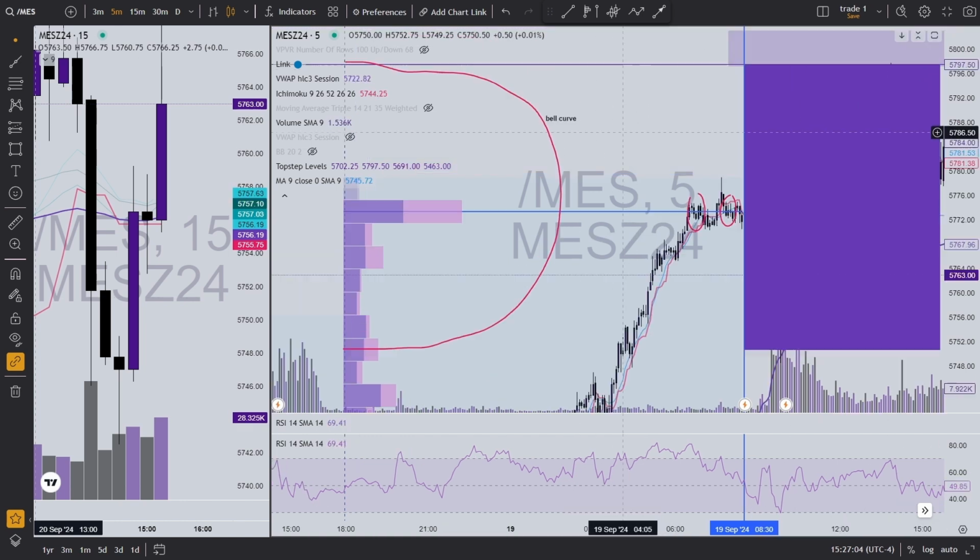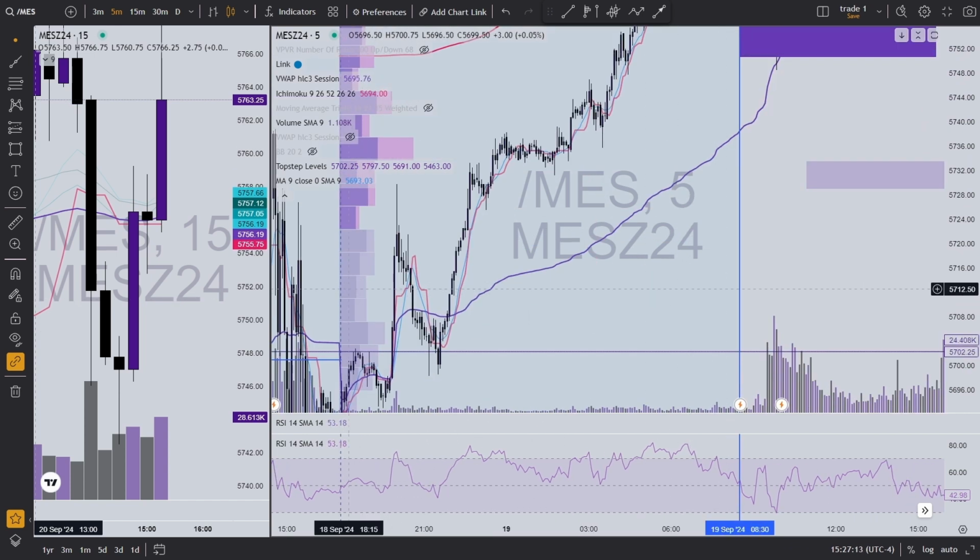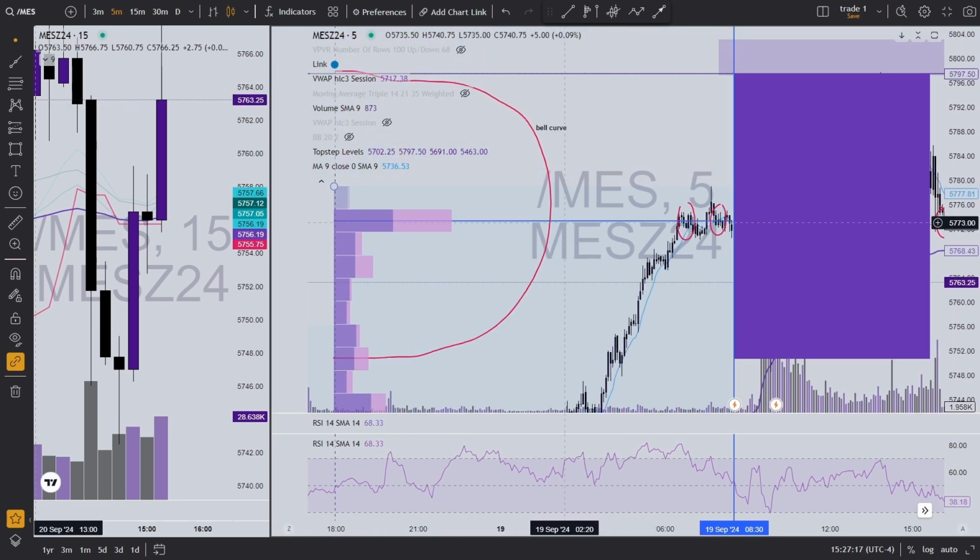But if we come back up to this bell curve, even then, our point of interest over this particular session, we're just talking about the London and Tokyo sessions here, we would mark a price to say, okay, for these two sessions, 5773 was an important number.